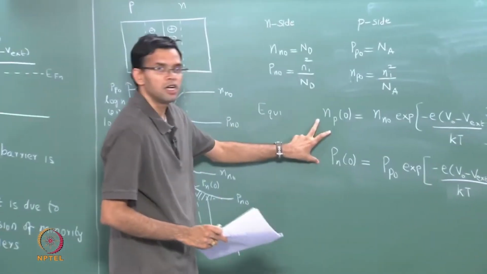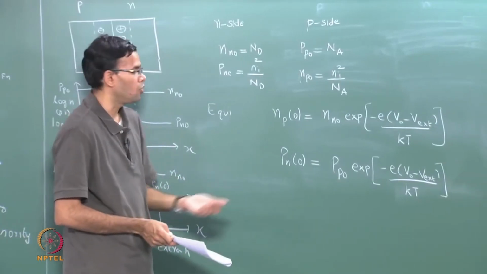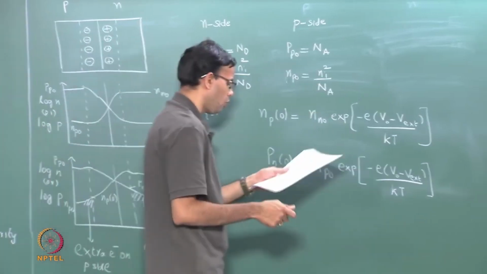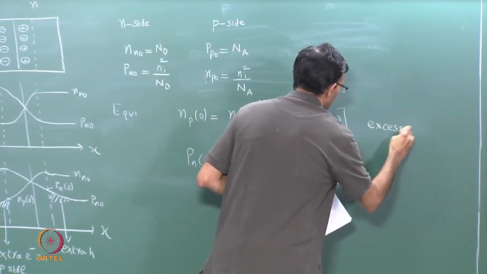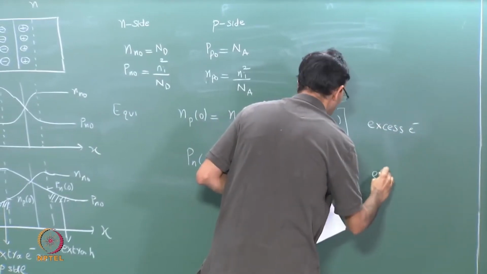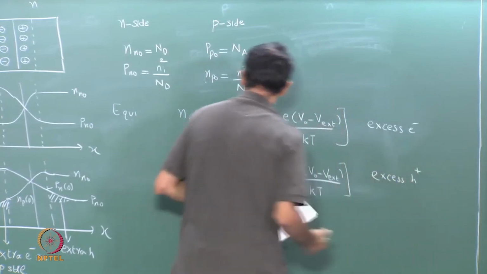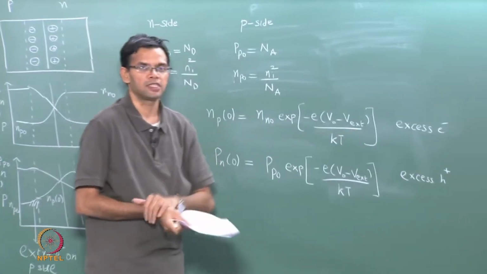So these two terms represent the excess electrons and the excess holes that are injected into your p-n junction because of the forward bias. The value is directly proportional to your V external.